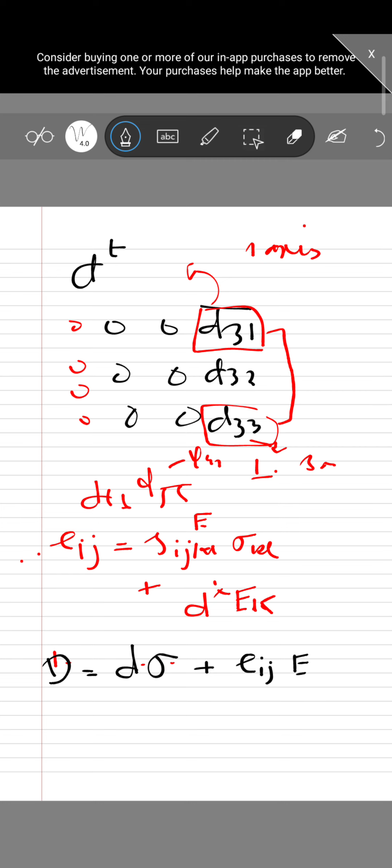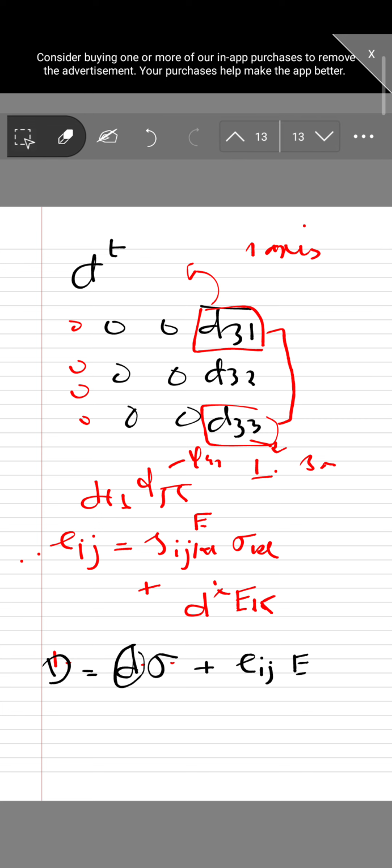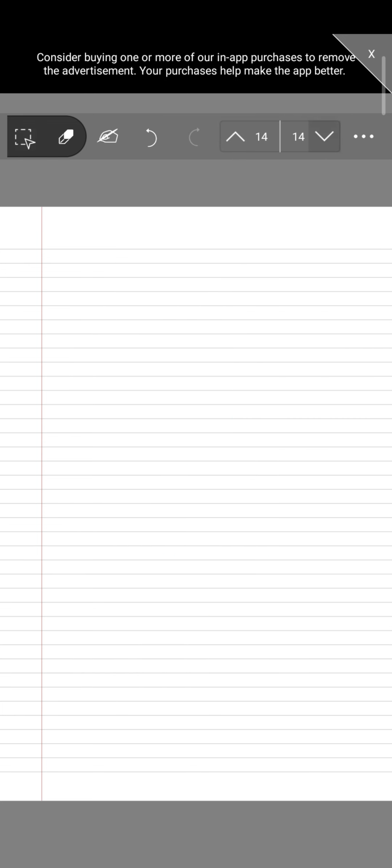Now here we are dealing with the positive or the direct piezoelectric effect. So this D here gets represented in the following way. So D31, D32 and D33 are here.